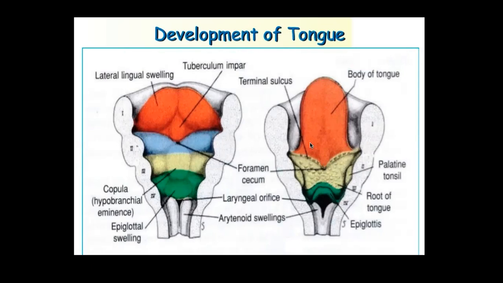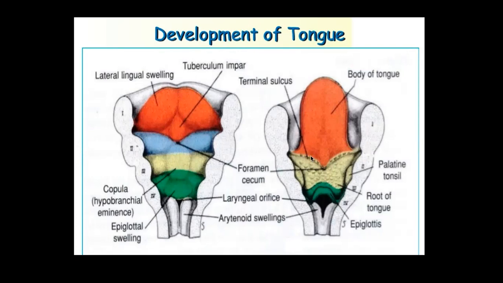Once again, I'll repeat the development. Anterior 2/3 is derived from 2 lingual swellings and 1 tuberculum impar. 3 lingual swellings. Okay. So they all join together to form the anterior 2/3 of the tongue. Posterior 1/3 of the tongue is formed from the anterior portion of the hypobranchial eminence. Okay.